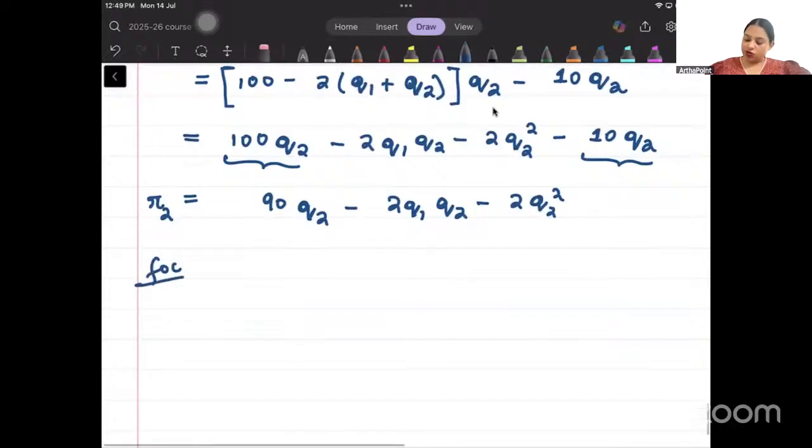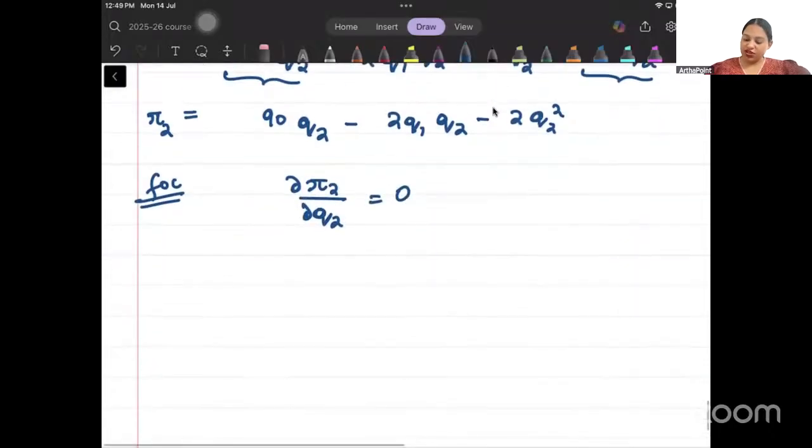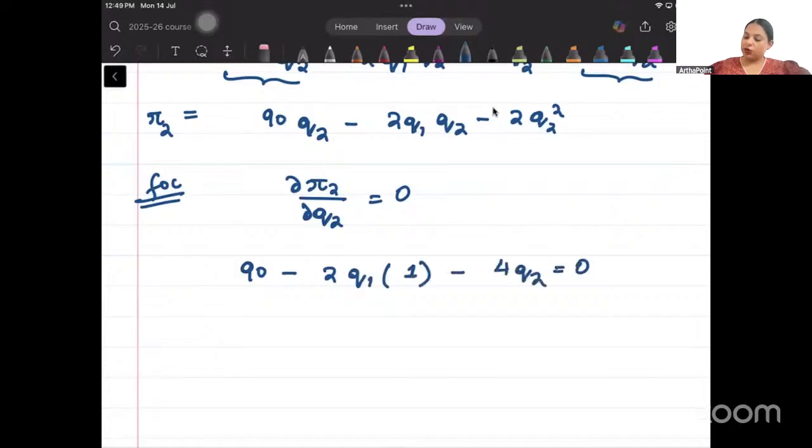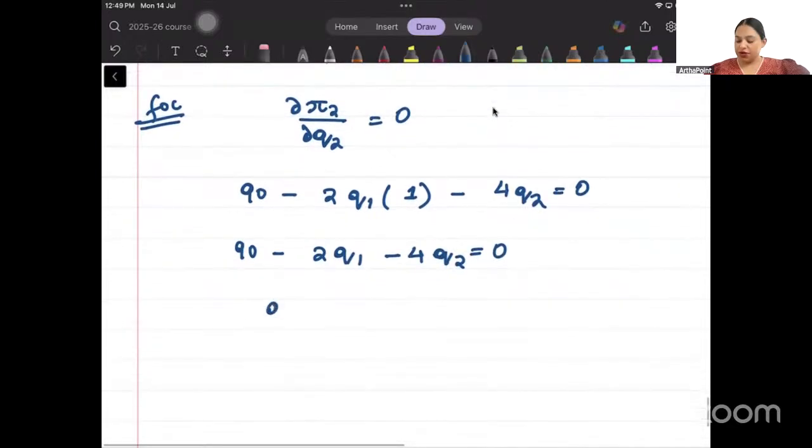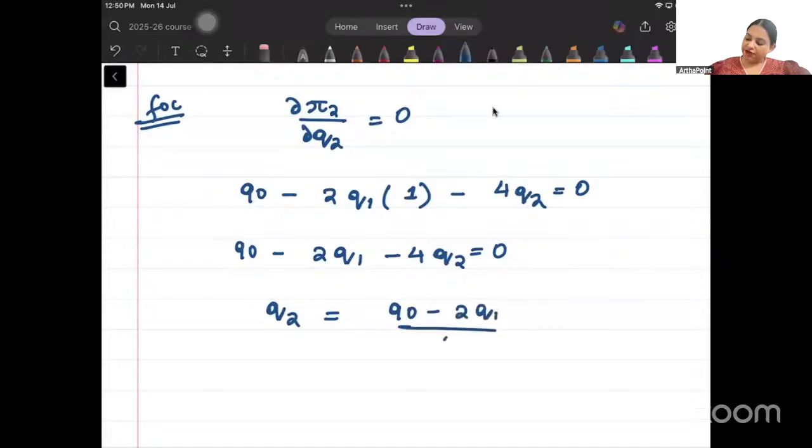First order condition. You differentiate this with respect to Q2 and equate it to 0. So what will come? 90 minus 2Q1. Q2's differentiation is 1, minus 4Q2 equal to 0. So you will get 90 minus 2Q1 minus 4Q2 equal to 0. From here you will get Q2 is equal to (90 minus 2Q1) by 4.